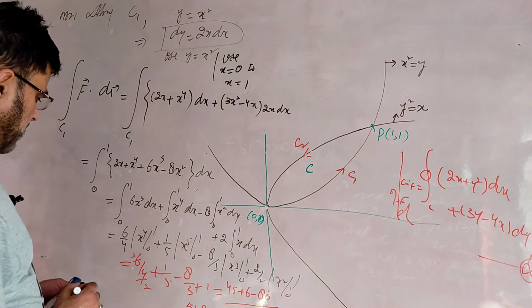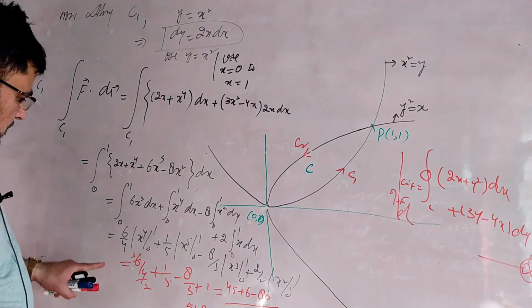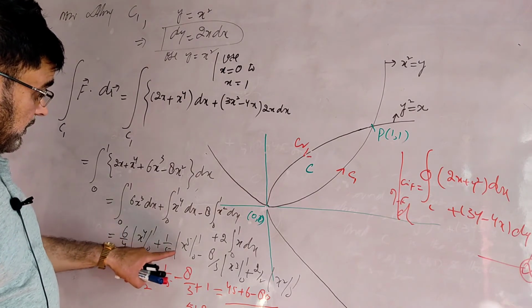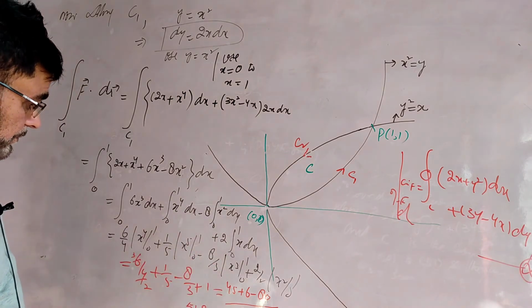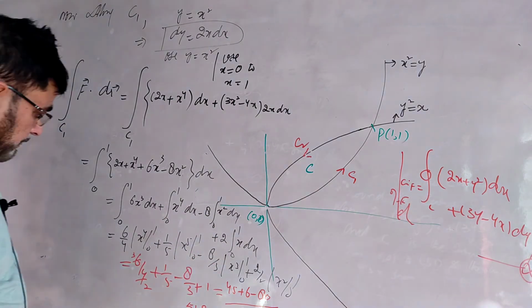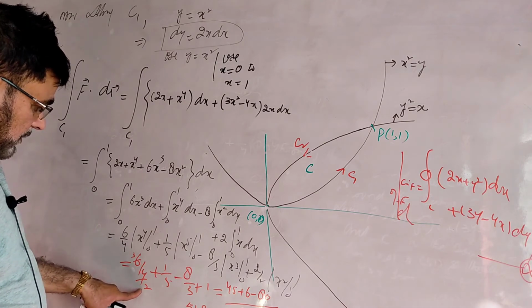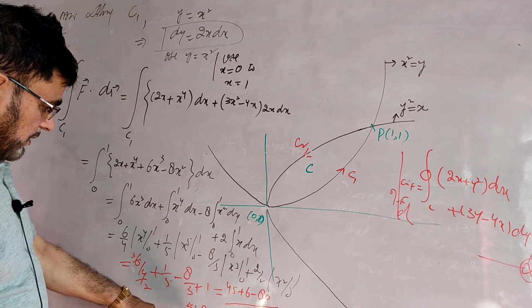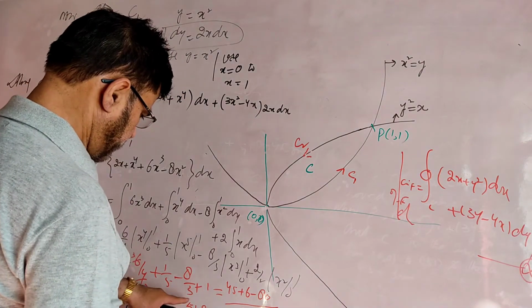Just see, have I done this correctly? 6 by 4, 1 by 5, 8 by 3. 1 by 5 minus 8 by 3, 30 LCM. Yes, it is plus 30 here.